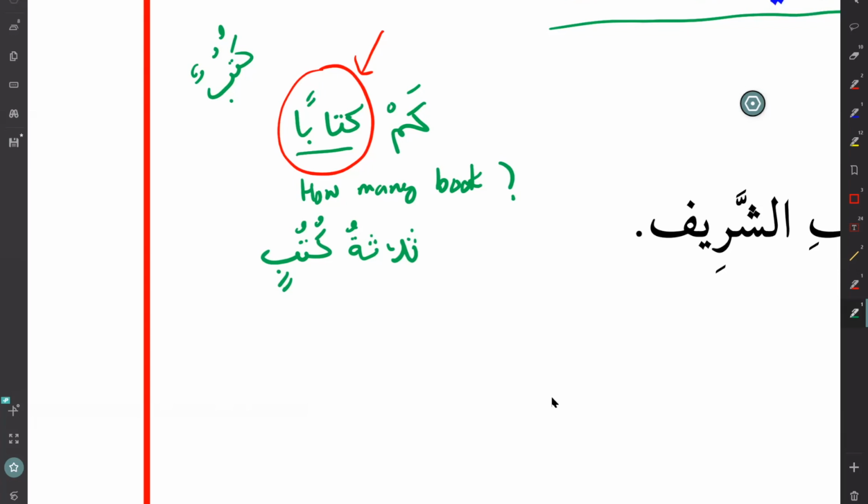As you can see, the one that we're asking about will always be after the number. Because we're asking about how many books, you're saying 3 books. But sometimes you can omit the thing that you're asking about. And how do you know? It is not that easy to figure these things out.